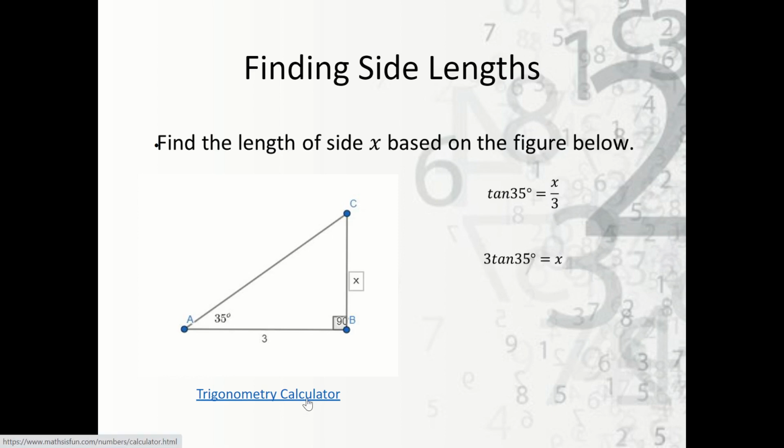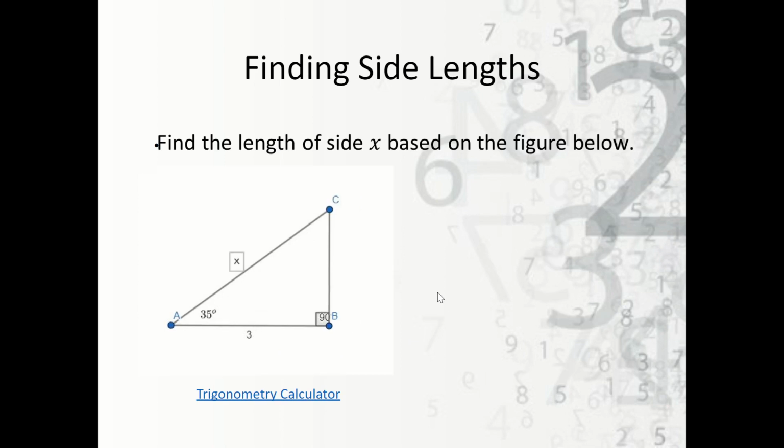There's a link here that'll take you to the trigonometry calculator. We enter 3 tangent 35 degrees, and we should see that it ends up being about 2.10. So this side here would be about 2.10. That's how we can find a side length from an angle and a given side.